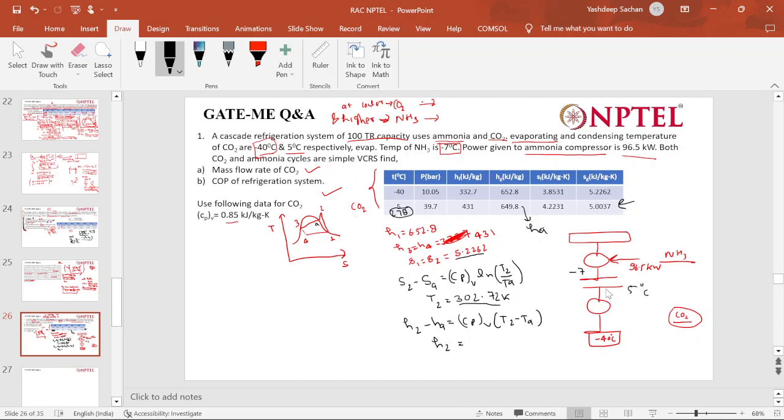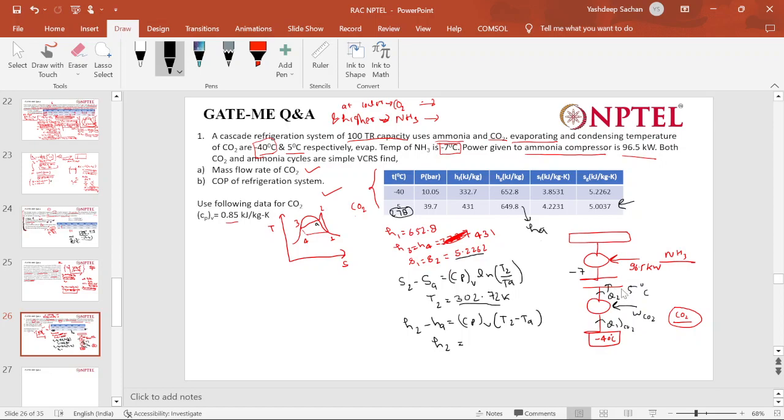Now what we want? We want simultaneously this heat transfer, whatever heat is coming here. Let's suppose this is Q1 and from here we are going to give W of CO2. Now here Q2 of CO2 would be there, right? Q2 of CO2 would be the Q1 plus W. So this heat should be transferred to the another refrigeration system without any external something.